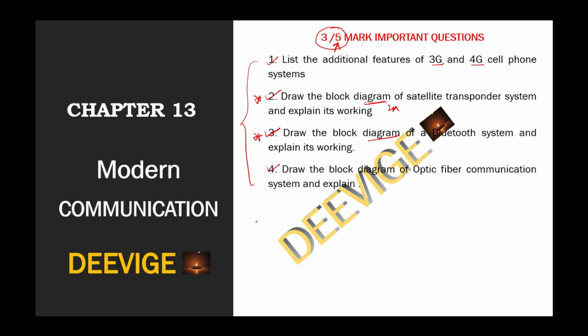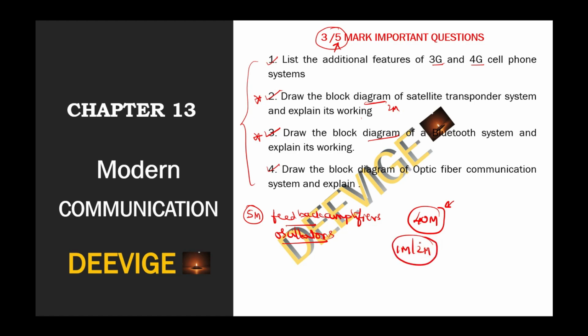After reading this, if you have time, go through the textbook and learn a few more things in this chapter, so that you will not leave any question in this chapter. Then the other one is part D, the first part also you can cover by reading Set 1. Set 1, I have framed it in such a way that you can attempt for 40 marks, considering I have not discussed 1 markers and 2 markers in some chapters.